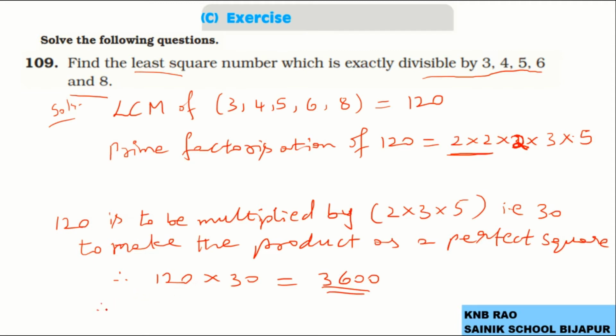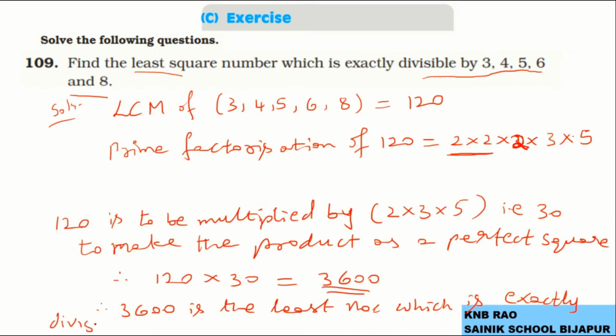Therefore 3600 is the least number which is exactly divisible by 3, 4, 5, 6 and 8.